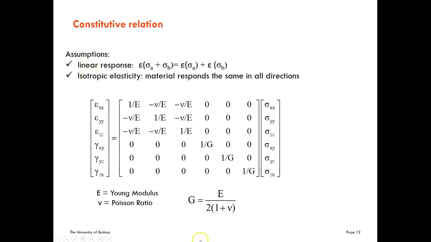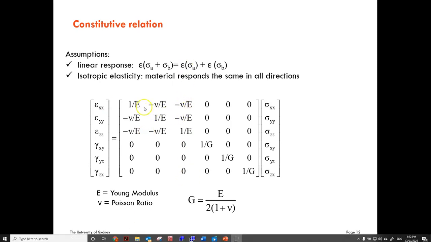So this is obtained using these two principles, or two assumptions. But it doesn't mean that all materials satisfy these equations. If the material is nonlinear, materially nonlinear, these equations are going to be more complicated. And if the material is anisotropic, like timber or composites, you're going to have many Young moduli and many Poisson ratios, 2 or 3, depending on the degree of anisotropy.